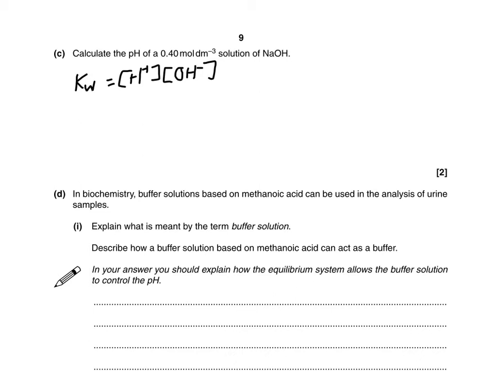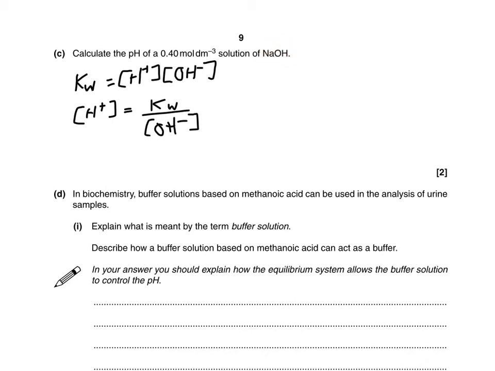If I rearrange this, that gives me the concentration of hydrogen ions equals Kw over OH minus.